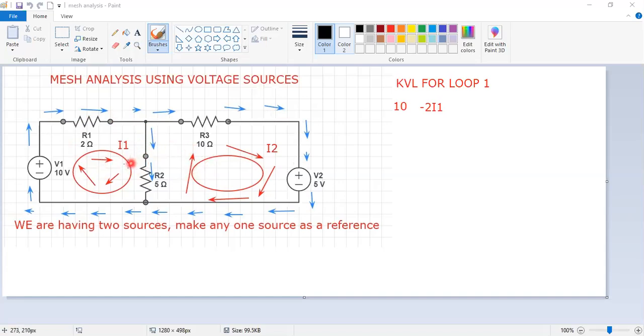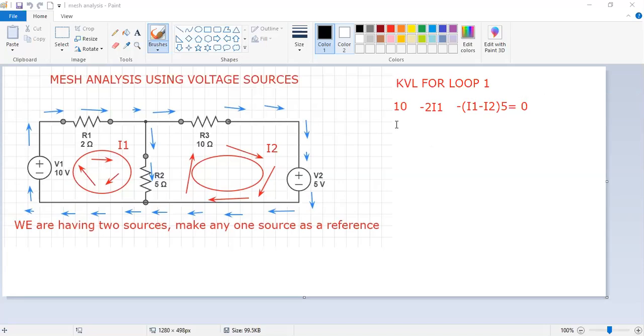Then again we can identify the loop current and my branch current are moving in the same direction. Whenever it is moving in the same direction, then I can say minus (I1 minus I2) into R, that is 5 ohm, should be 0. Simple KVL, simple equation.